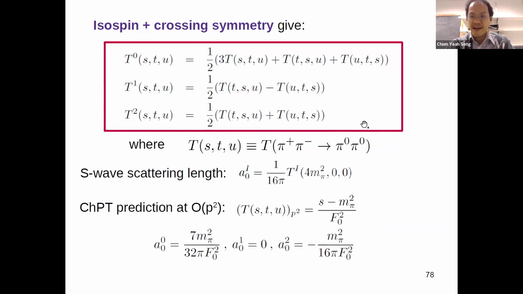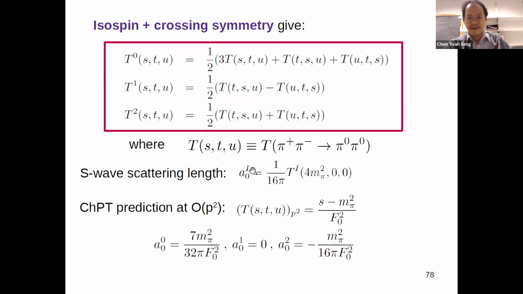And with all the isospin amplitudes, you can compute something called the S-wave scattering length. The S-wave scattering length is proportional to the amplitude where you have two pions coming with zero momentum. So s is just equal to (m pi plus m pi) squared, which equals 4 m pi squared, right?